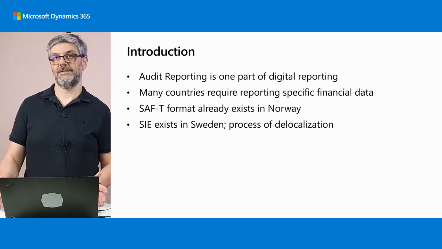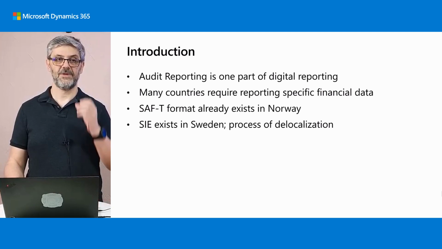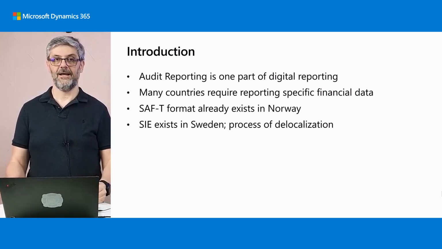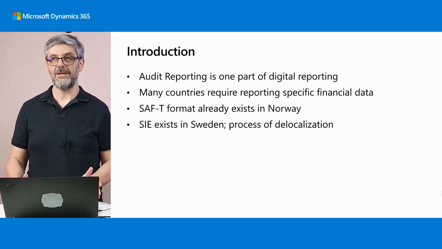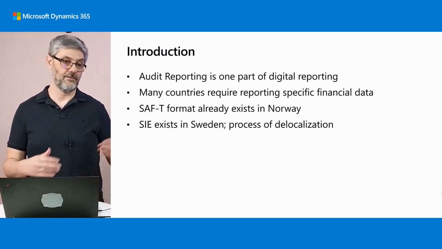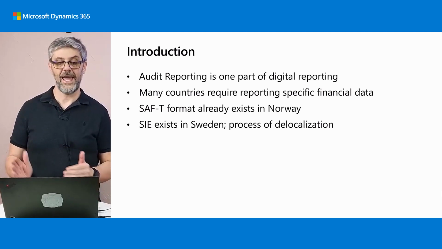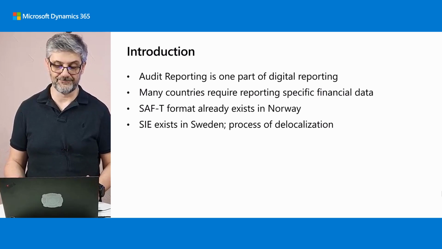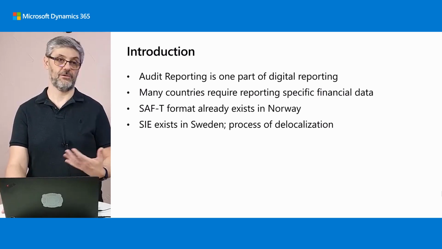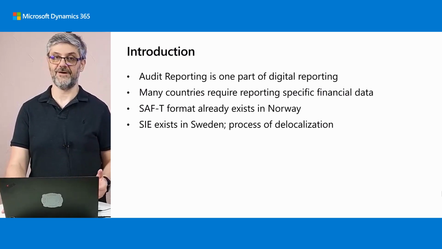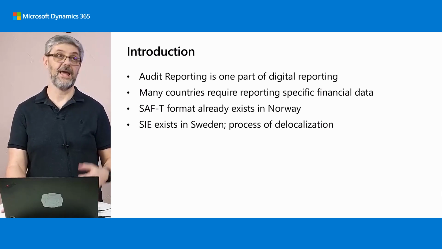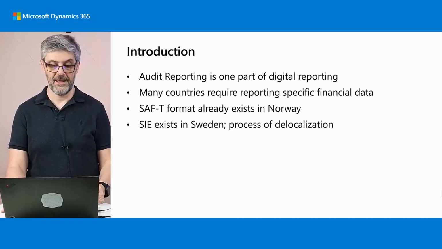But as we decided to delocalize the Swedish base app in this release, we decided to move SIE from the base app and add it to this audit file export. You will see how it looks. There are not such big differences, but this is mostly about different architecture and the localization process.